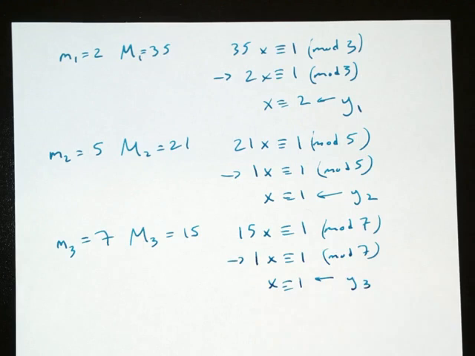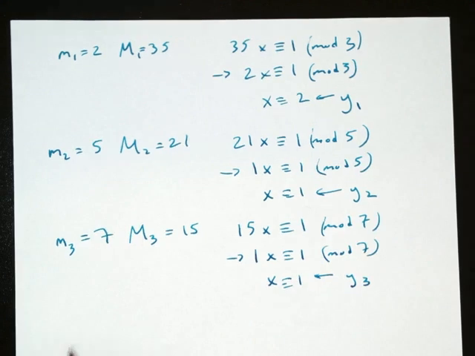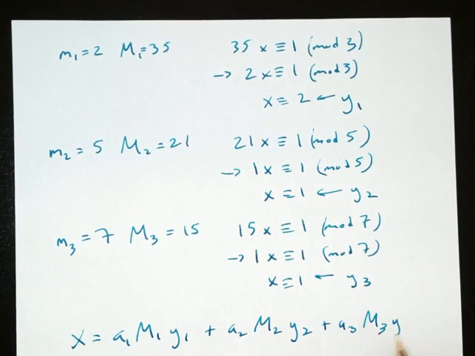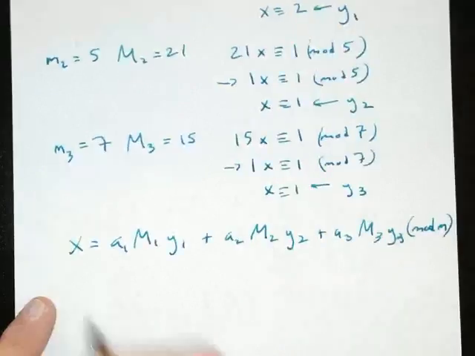The answer to our question, the actual value we want, is A1 capital M1 times Y1 plus A2 capital M2 times Y2 plus A3 capital M3 times Y3 mod M. What was the original value of that little m? Back on the previous page, 105.